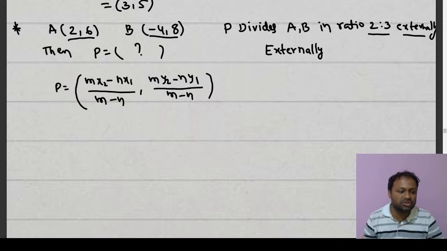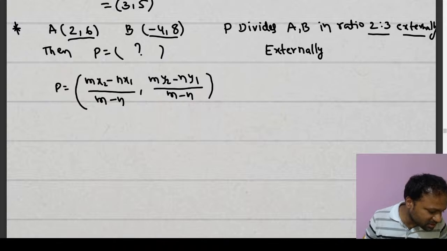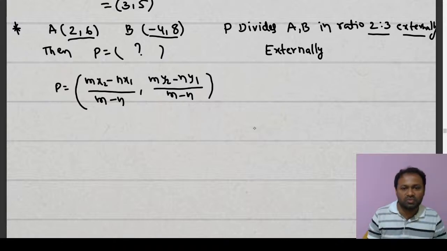Okay, substitute in this, and then after that, Aparna says 14 comma 2. She says 14 comma 2. You can check whether it is correct or not.